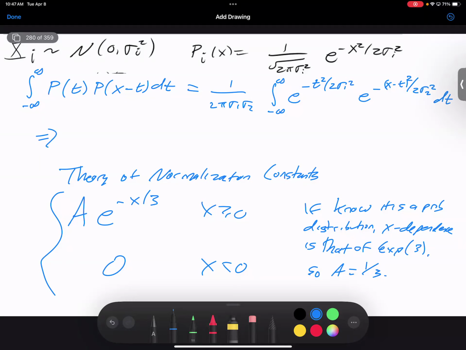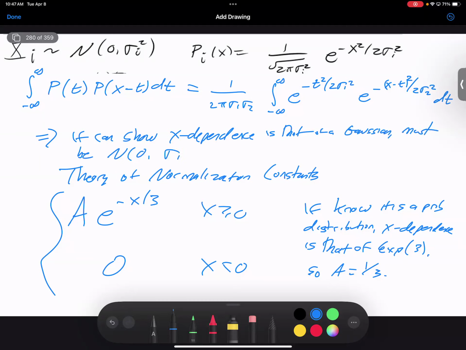So if we can show the x dependence is that of a Gaussian, it must be a normal with mean 0 and variance sigma 1 squared plus sigma 2 squared. There's nothing else it can be.